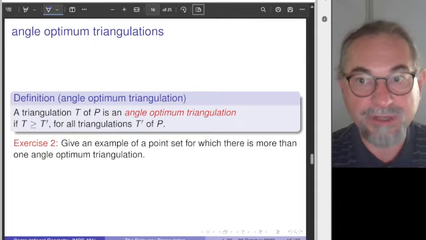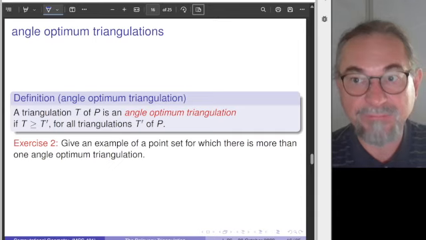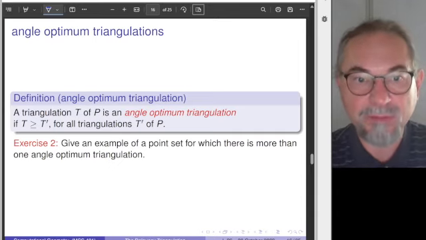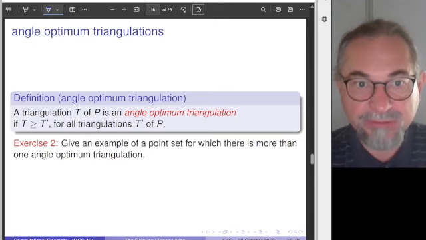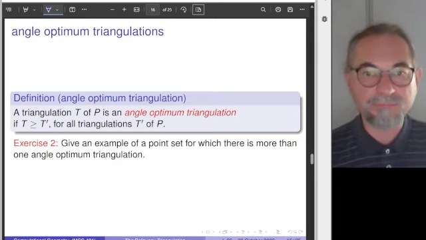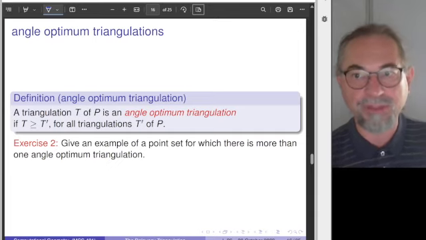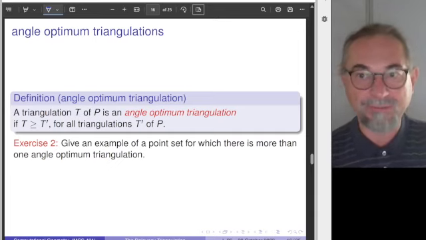Therefore, they're both optimal from the perspective of making the smallest angle as large as possible. Such examples are not difficult to find. You can think about exercise 2 now, but we will introduce the edge flip.